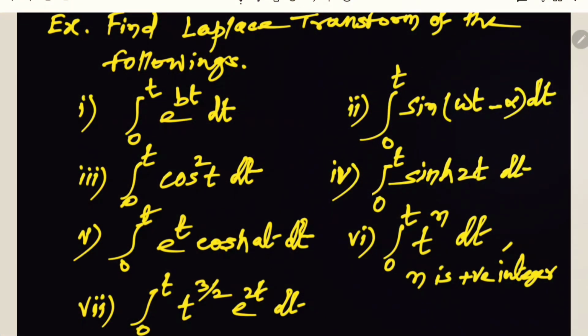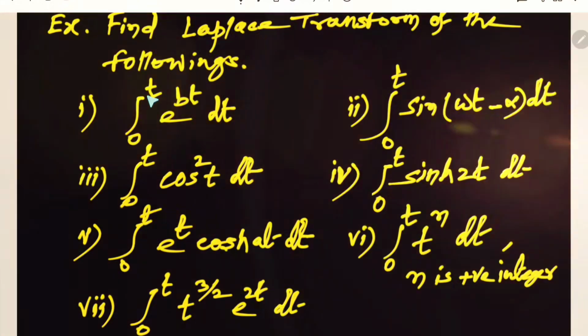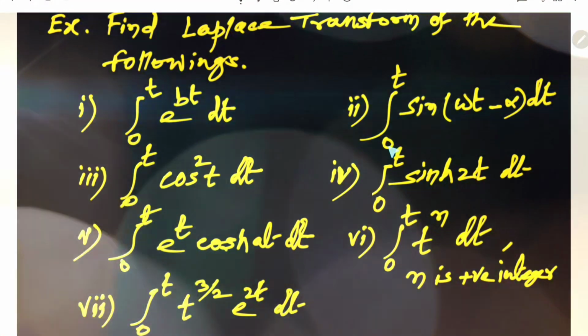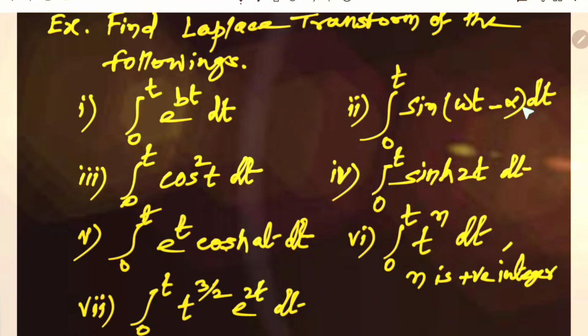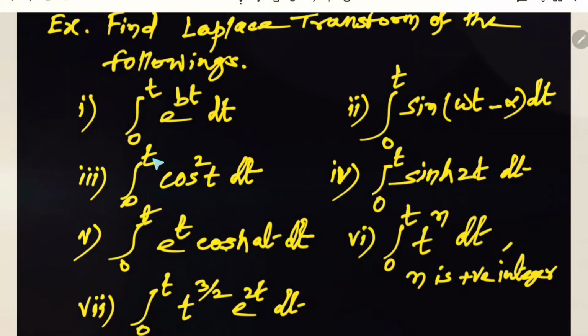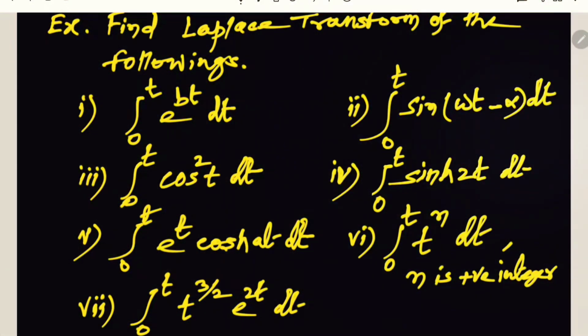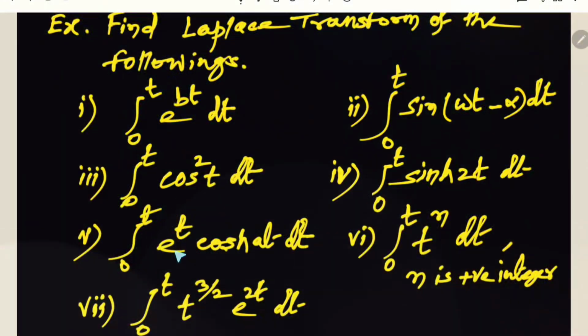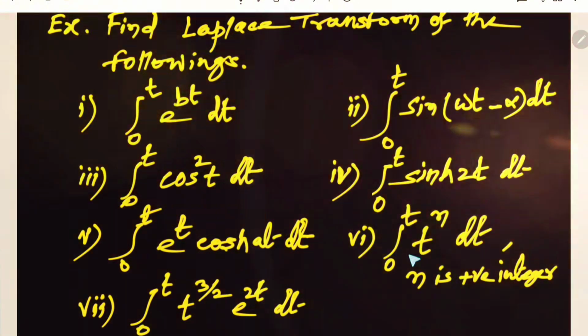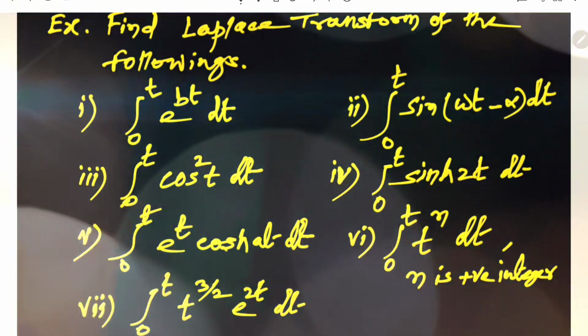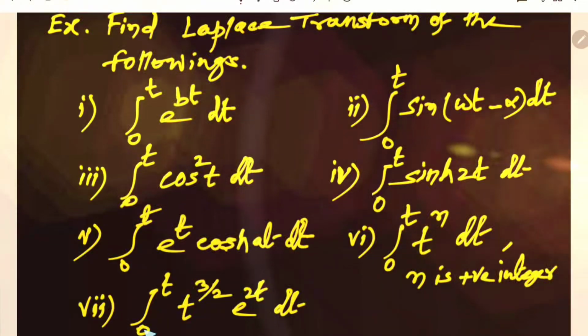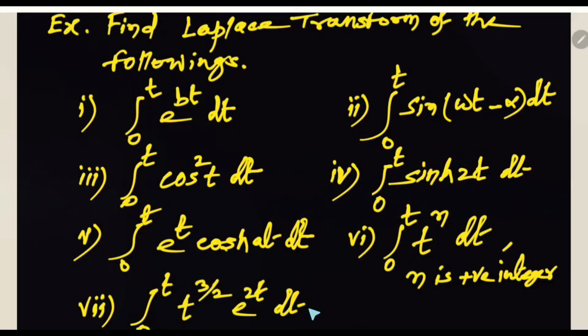Second, integral from 0 to t of sin(omega t minus alpha) with respect to t. Third, integral from 0 to t of cos square t dt. Fourth, integration from 0 to t of sinh t dt. Fifth, integration from 0 to t of e raised to t cosh at dt, like this. There are total 7 examples. I will go one by one.